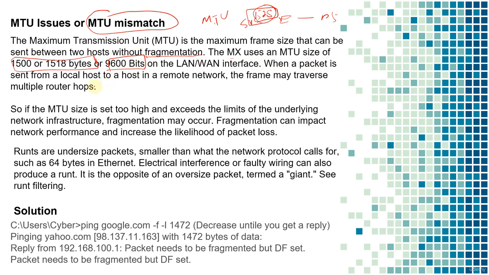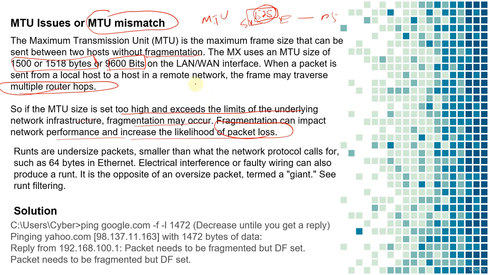So when a packet is sent from a local host to a host in a remote network, the frame may traverse multiple router hops. If the MTU size is set too high and exceeds the limit of the underlying network infrastructure, fragmentation may occur. Fragmentation can impact network performance and increase the likelihood of packet loss. So this could be the issue.